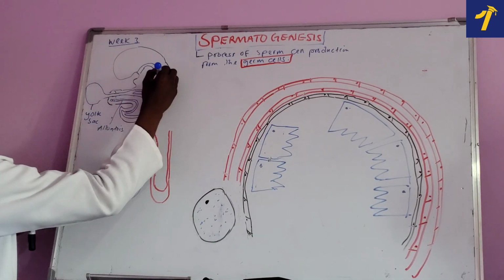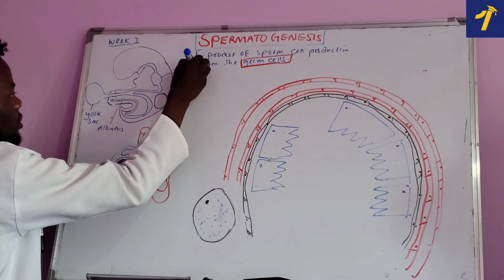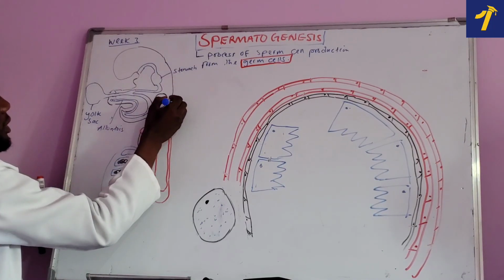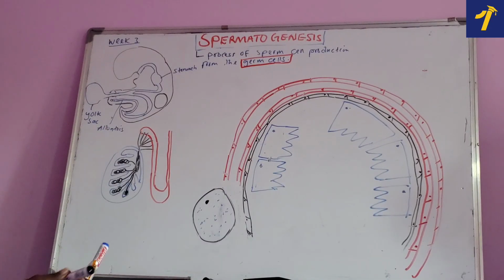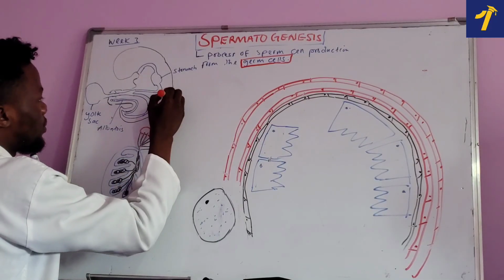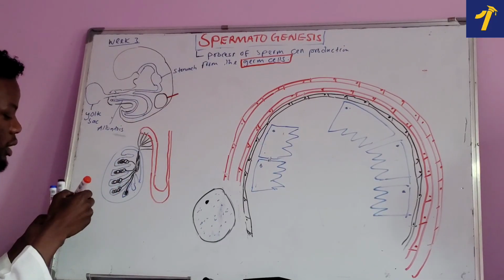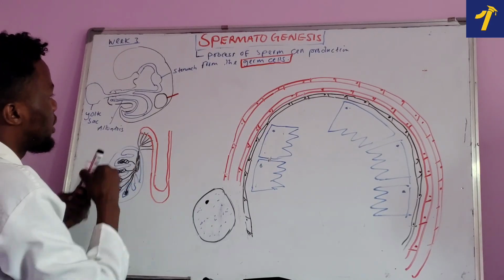And this is basically the stomach. And this now, let us use red for this one because it is an important structure. This one is what we call gonadal ridge. Let us use black.